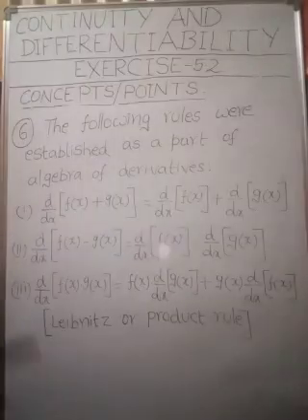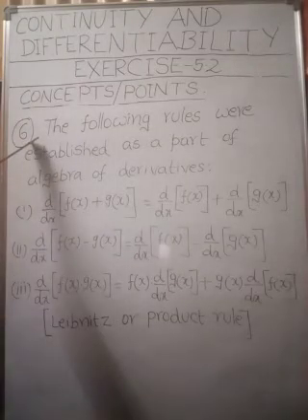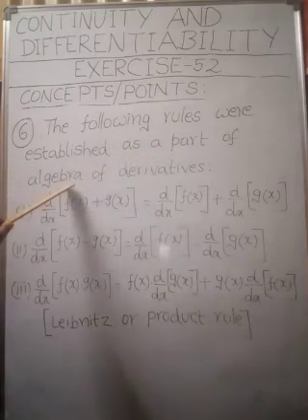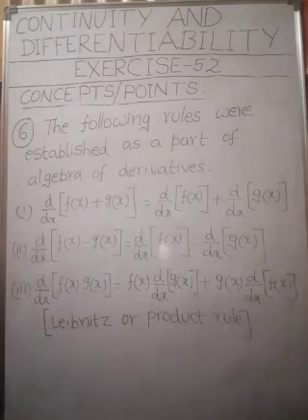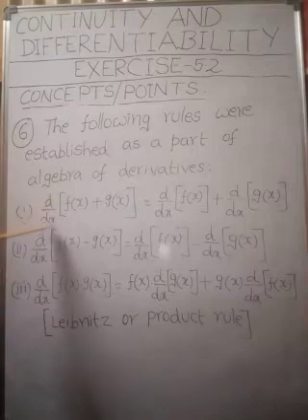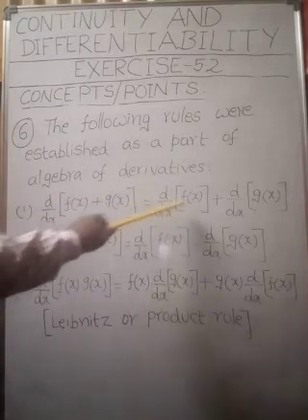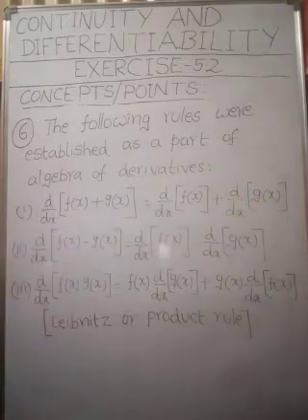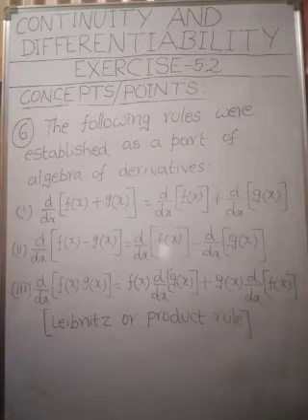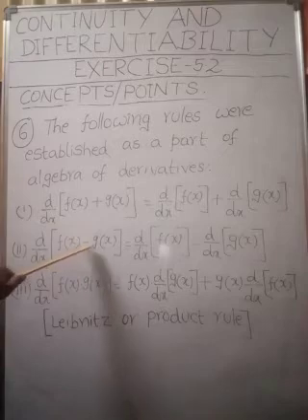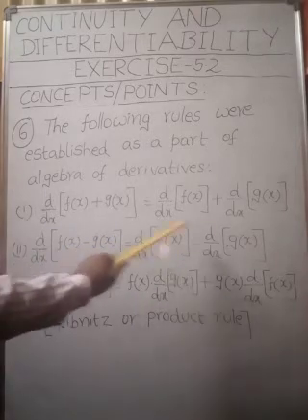Right. Now come to the next point, sixth point. The following rules were established as a part of algebra of derivatives. You have already learnt in class 11. See here, d by dx of f of x plus g of x is equal to d by dx of f of x plus d by dx of g of x. We can find derivative separately if plus is there between two functions. Similarly, if minus is there, we can find the derivatives of the functions separately.